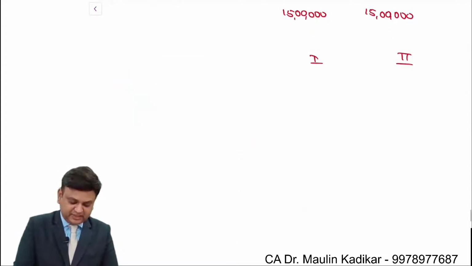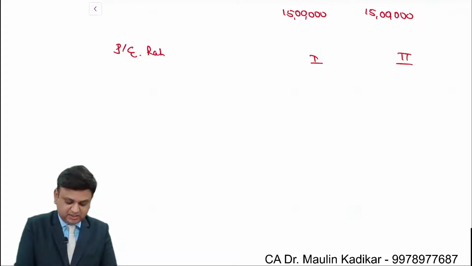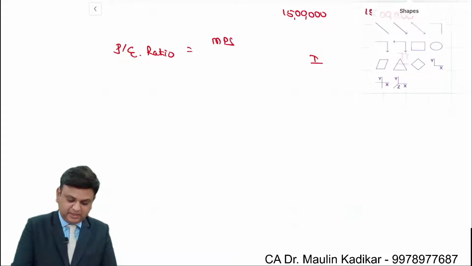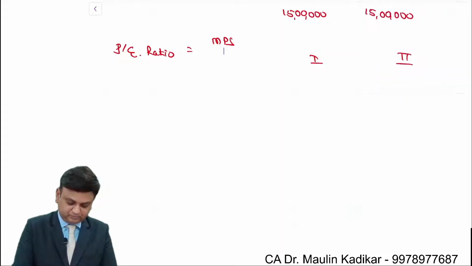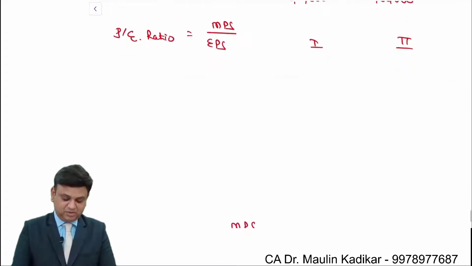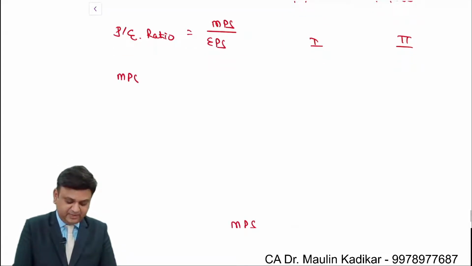There is one formula that we have in our ratio analysis chapter called price earning ratio. It is MPS upon EPS. This is the formula of the PE ratio. So we can say that MPS is equal to EPS into price earning ratio.